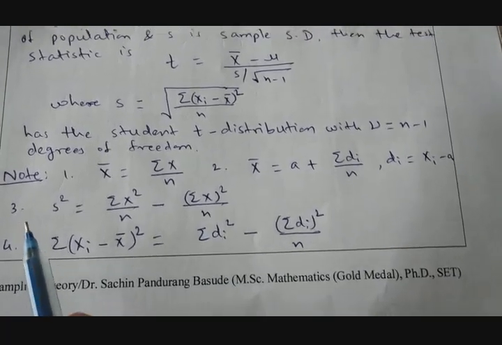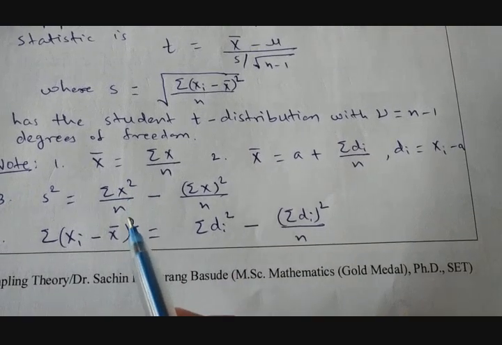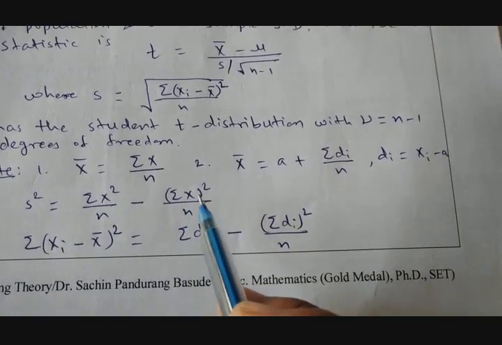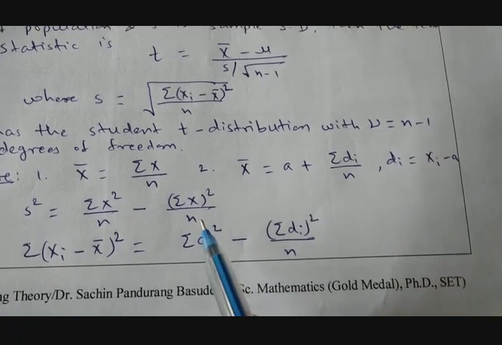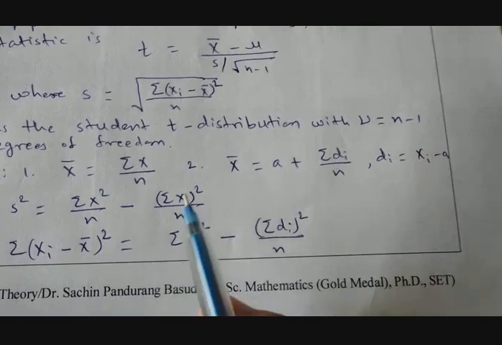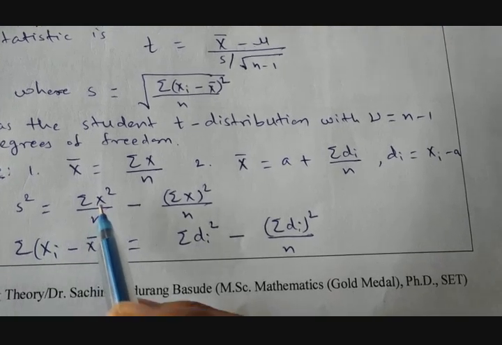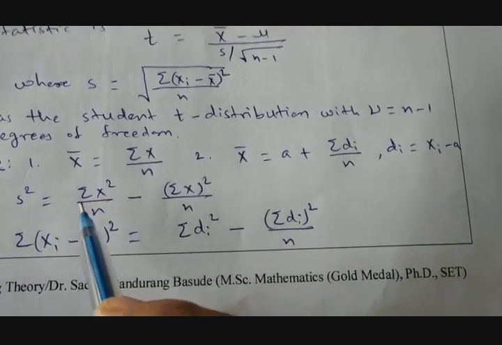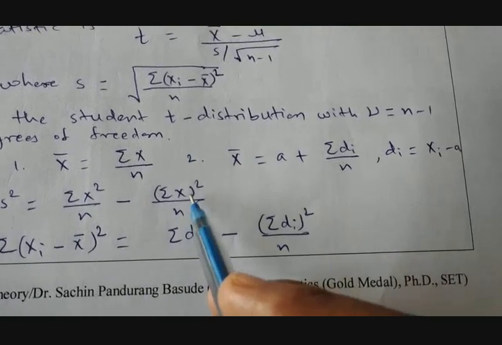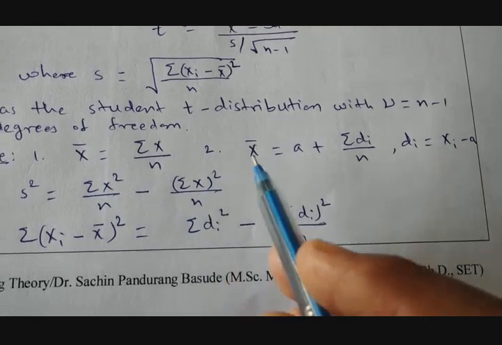The next formula is s square equal to summation of x square divided by n minus (summation of x) whole square divided by n. There is a difference between these two terms. Remember this difference. Here, first take the square of all the values of x and then take its summation. There, first take the summation of all values of x and take its square.